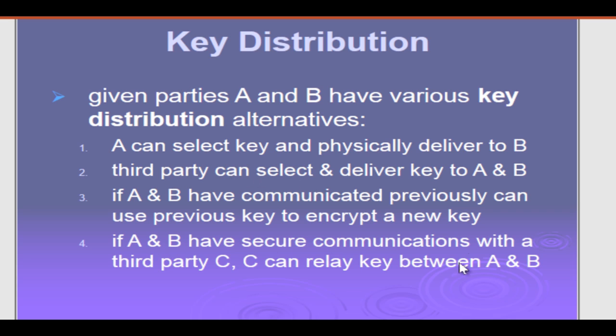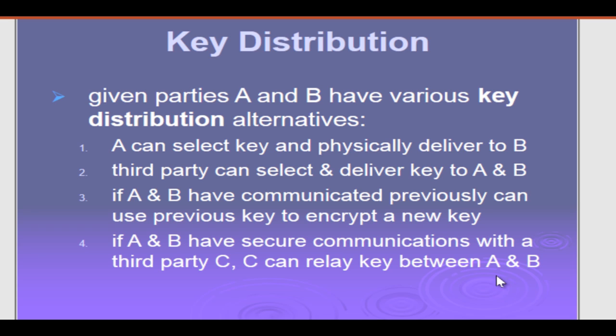A and B have secure communication with the third party C, so that no other third party opponent can get access. They have secure communication with party C, and C can relay the key between A and B.